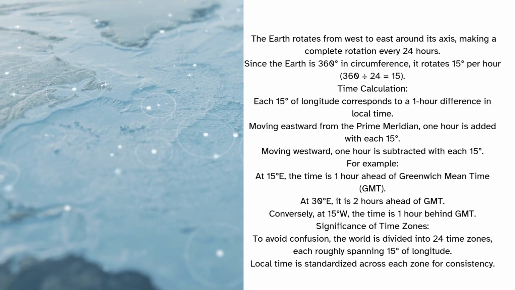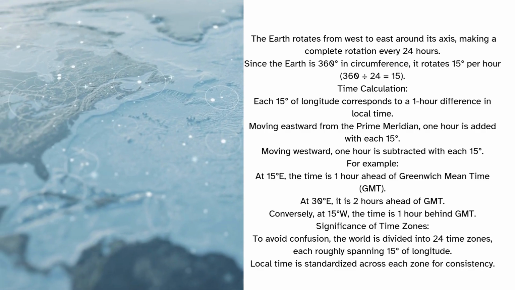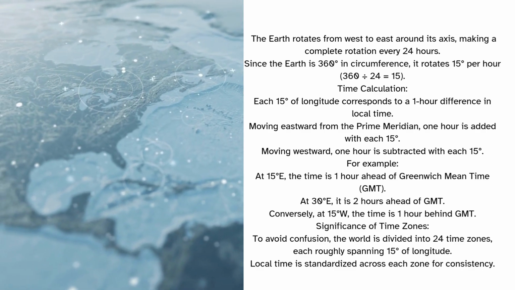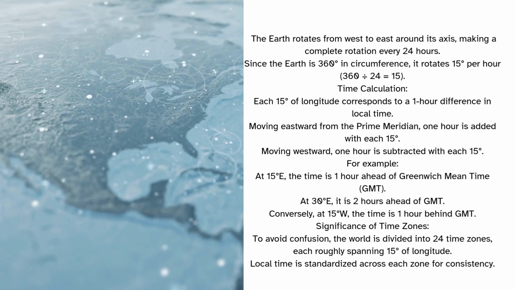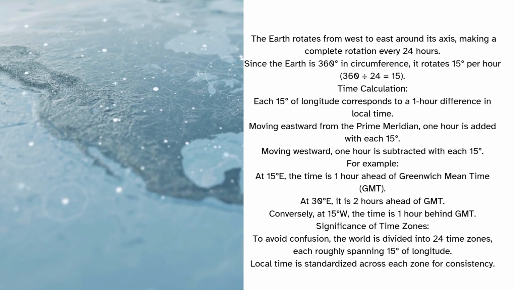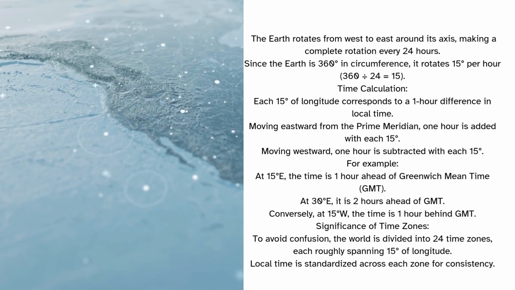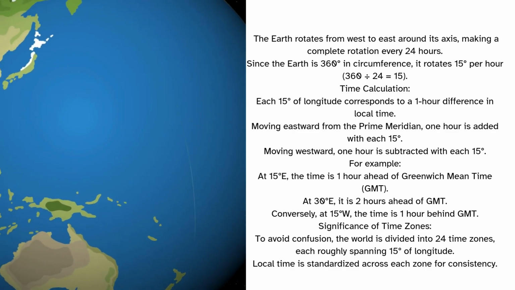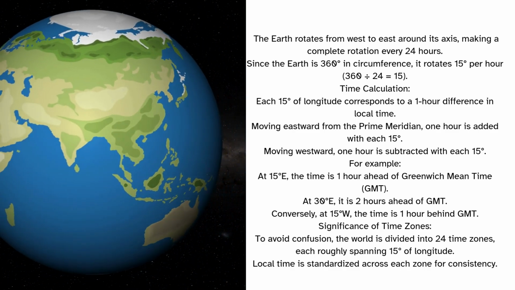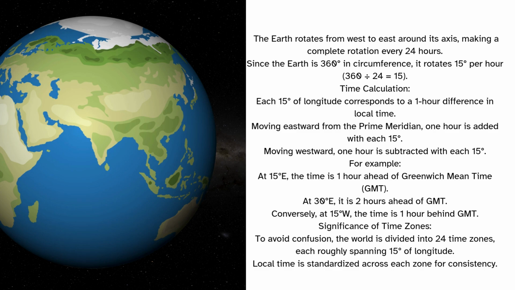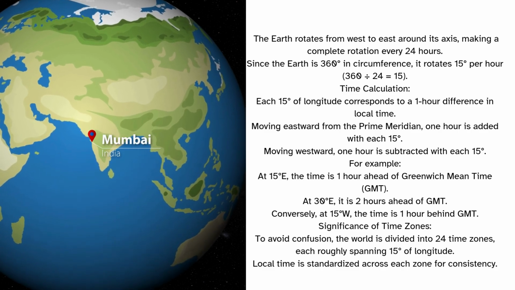So when we divide 360 by 24, the answer is 15. Each 15 degree of longitude corresponds to 1 hour difference in local time. Moving eastward from the prime meridian, 1 hour is added for each 15 degrees. Moving westward, 1 hour is subtracted.